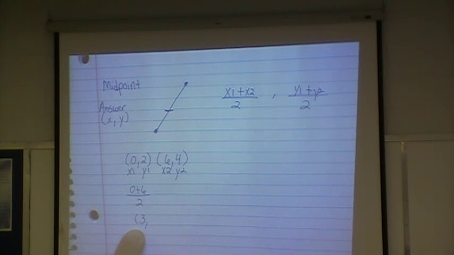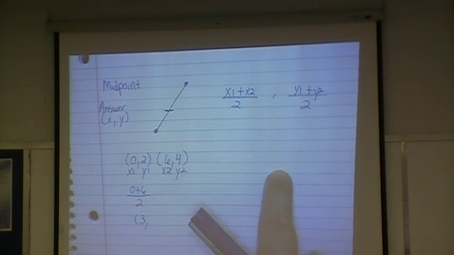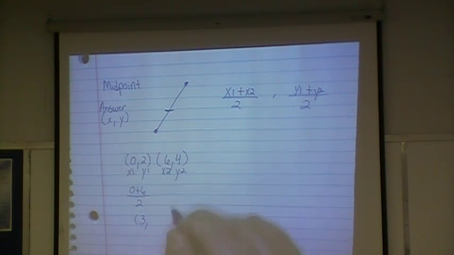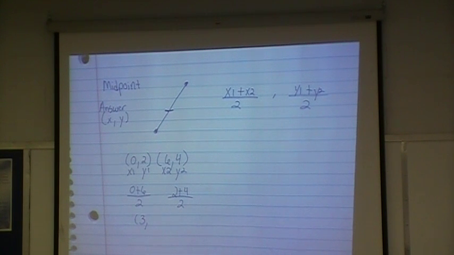That x has to come first, because on a graph that tells me to go over 3. Then my y's. 2 plus 4 is 6. 6 divided by 2 is 3. So this answer told me to go over 3 and up 3, and that would be the middle of that line. Okay?